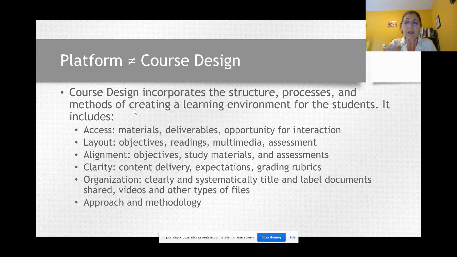Okay, so access is very important from that perspective. Layout: how we put together the objectives, readings, multimedia, and how well they are aligned among each other. Something else that matters here is the clarity in the content delivery, the expectations, grading, rubrics, and all of those.